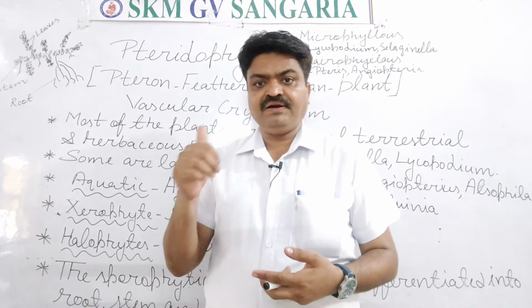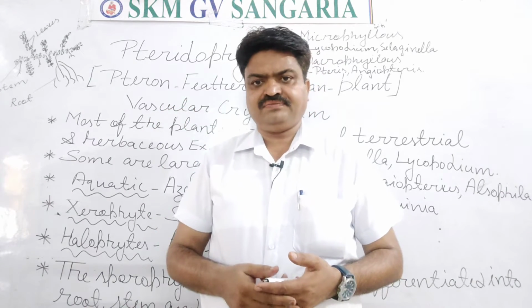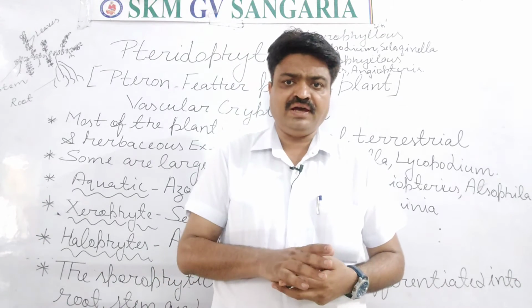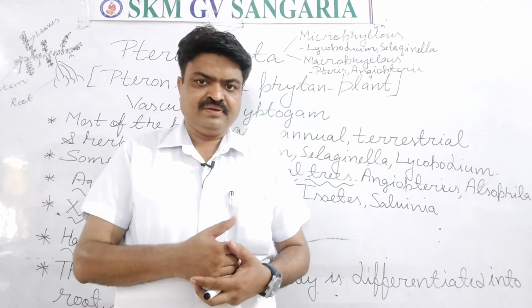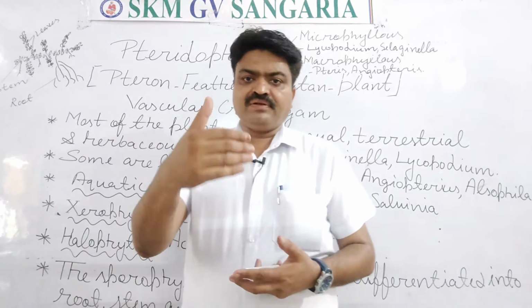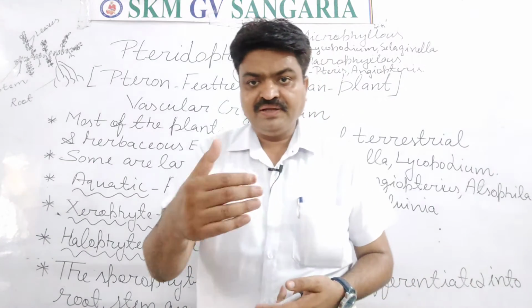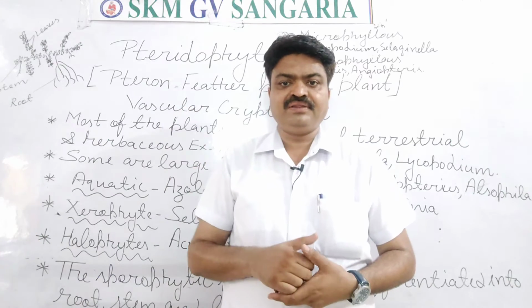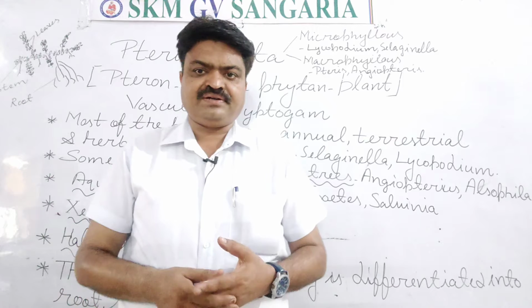So xylem and phloem are found in Pteridophyta. However, they don't have companion cells in their phloem. Generally in all the higher plants, companion cells are found in the phloem, but in Pteridophyta, companion cells are absent.